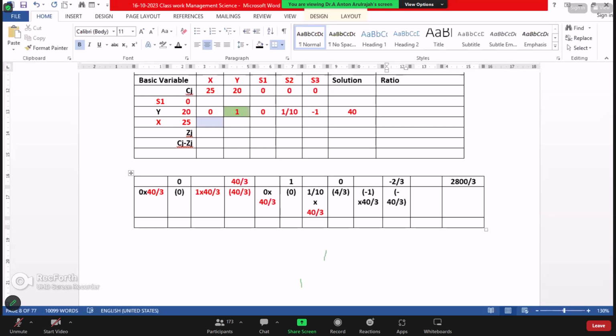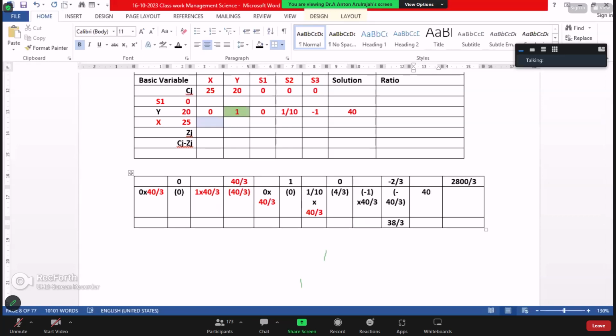Okay. The solution is 38 by 3. I minus also that. So then this 40 has to multiply by 3.